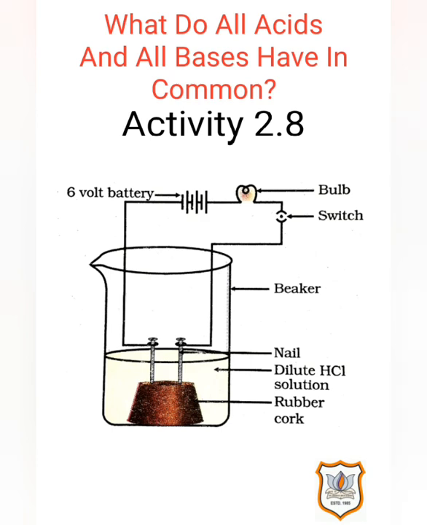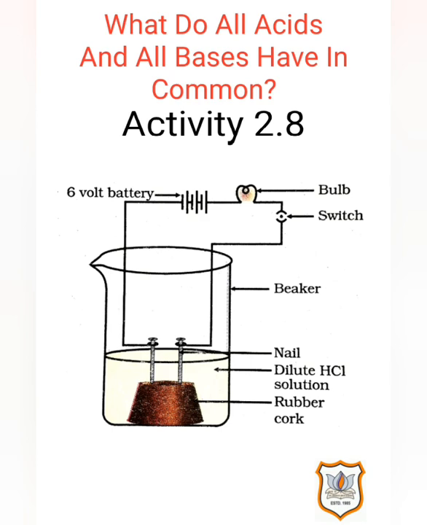Does the bulb glow in all cases? Let us discuss. So here in case of hydrochloric acid and sulfuric acid, the bulb will glow and H plus, that is hydrogen ions, will be released.